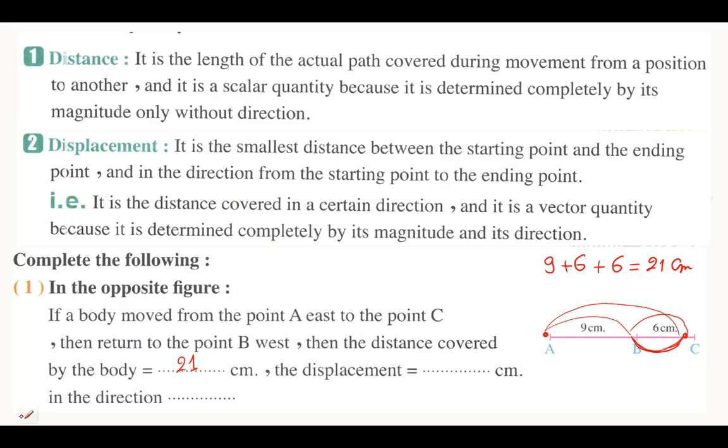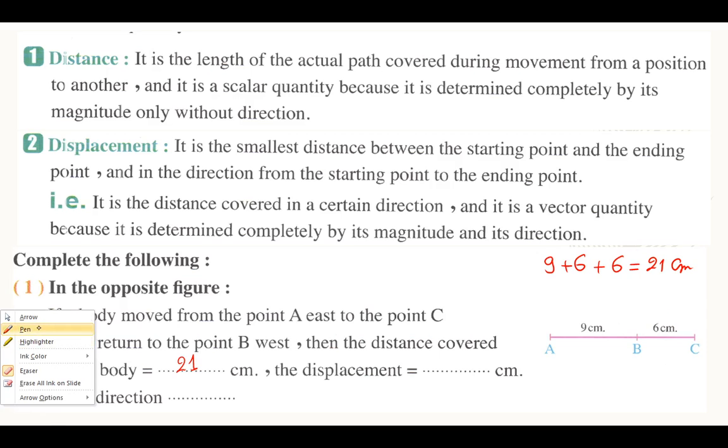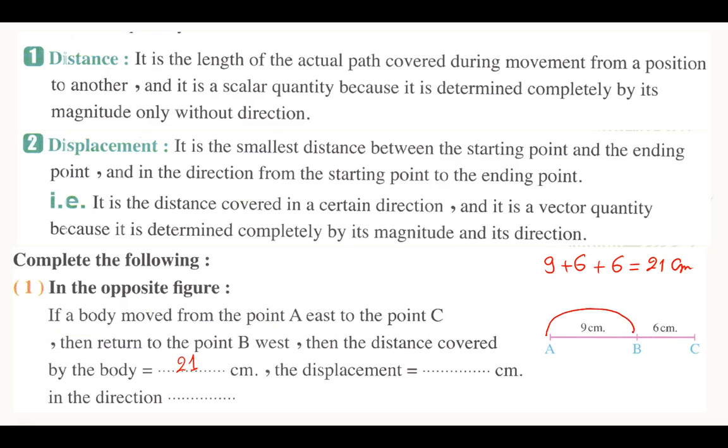And what about the displacement? The body started from point A to point C, then returned back to point B. So the displacement is from the starting point A to the ending point B. The displacement is 9 centimeters in the direction of east.